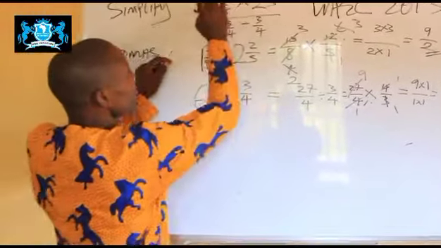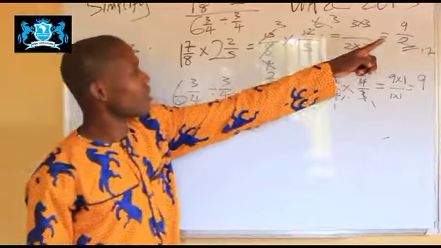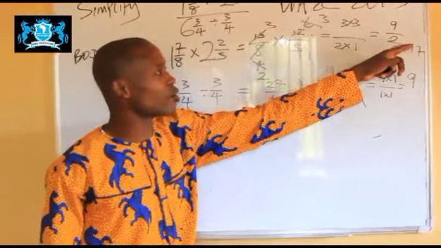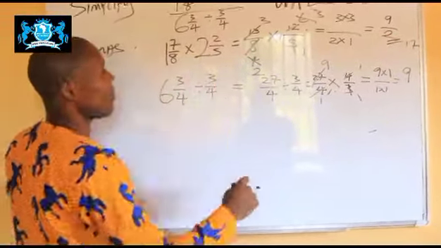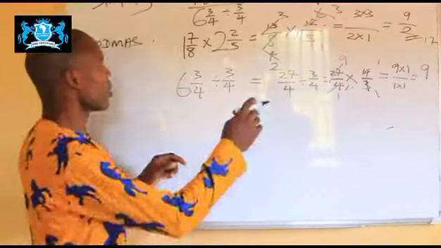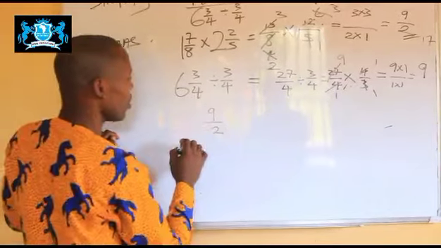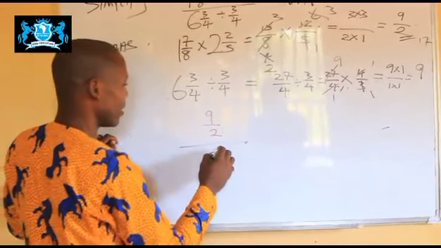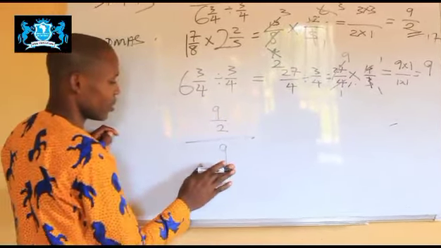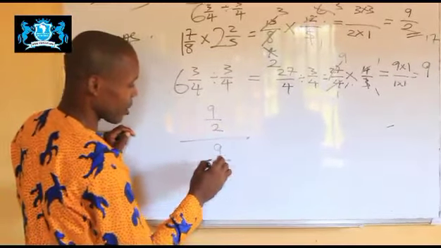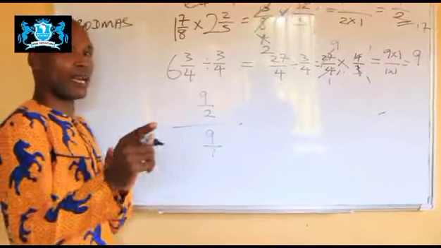So after solving the upper part, we got 9/2. And after solving the lower part, we got 9. So it will now be 9/2 all over 9. You can also say 9/1, because 9/1 and 9 are the same thing.